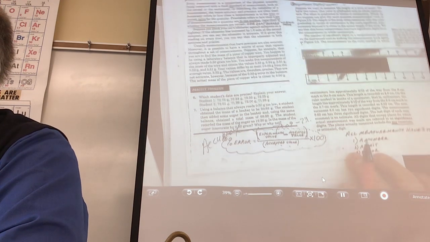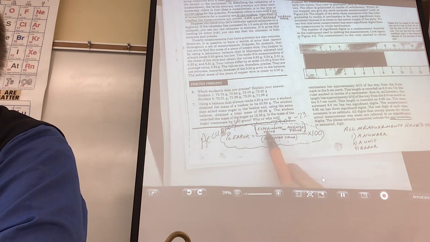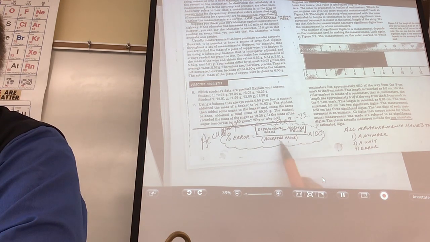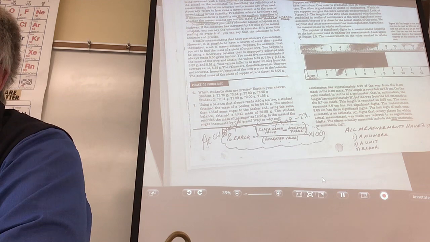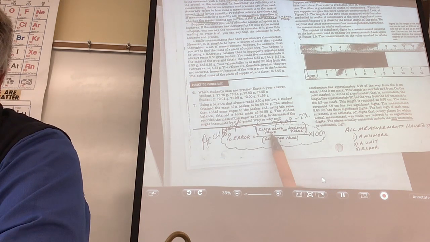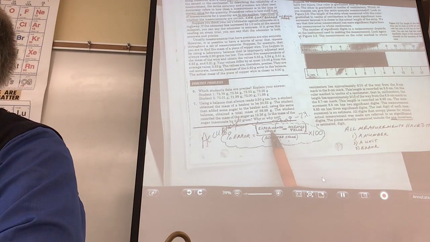Now, let me show you how to do this. It says take the experimental value minus the accepted value divided by the accepted value times 100. Now, the first time I heard that when I was your age, I'm going to try to show you how easy this is. What do you think this means? What do you think the experimental value is?